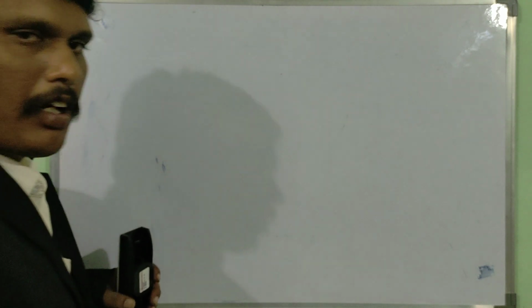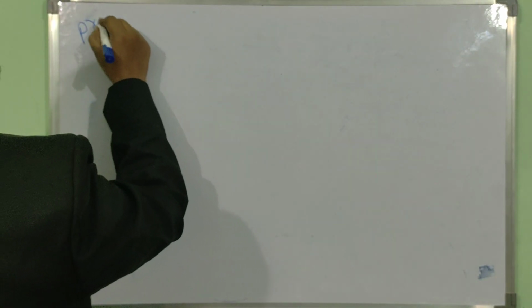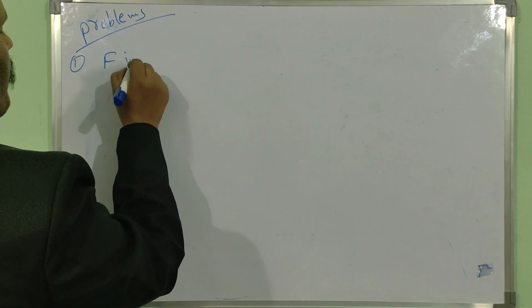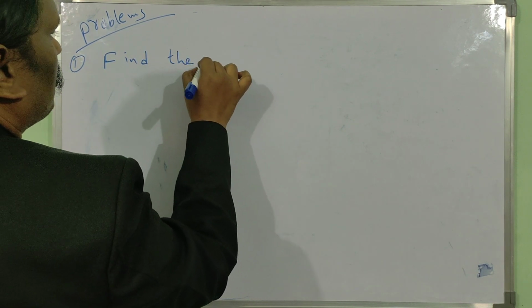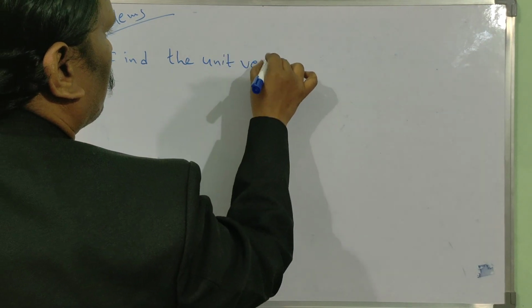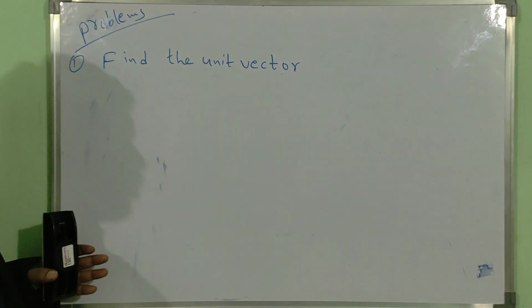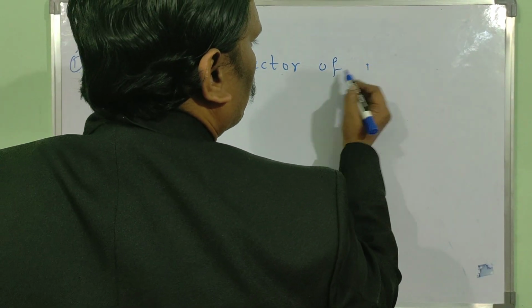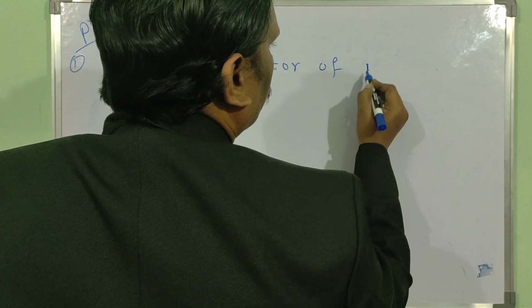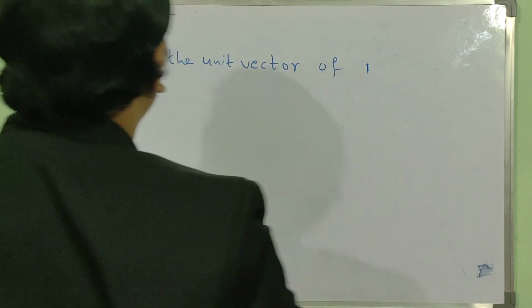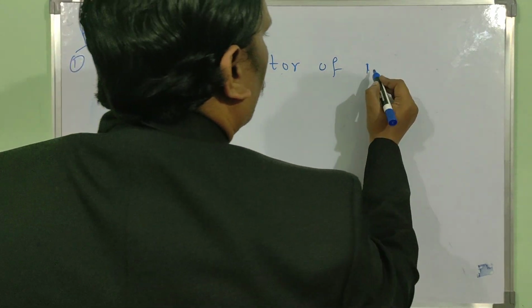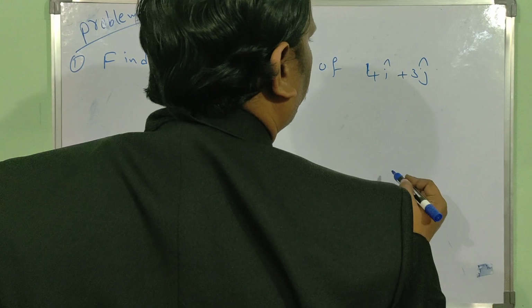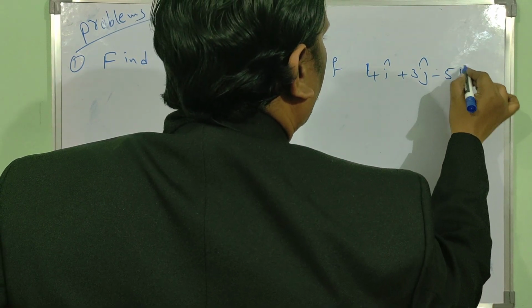We'll solve some problems. First problem: find the unit vector of 4i cap plus 3j cap minus 5k cap.